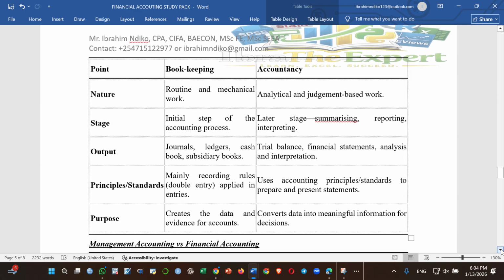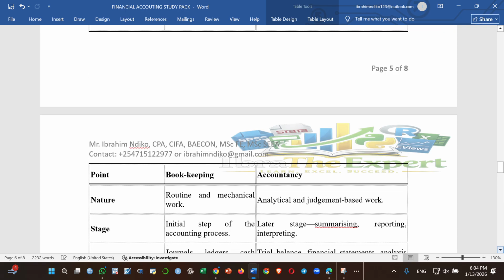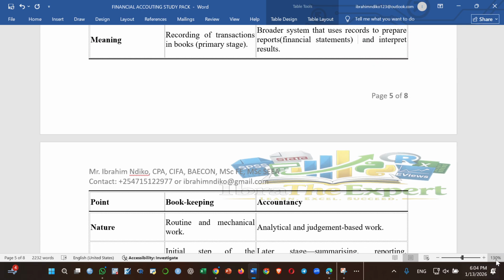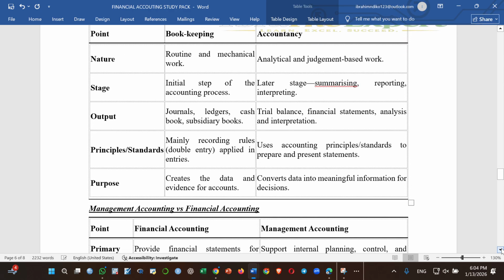Number two, nature. Bookkeeping is a routine and mechanical work. We do it every day, day to day. Whenever a customer comes, we record.